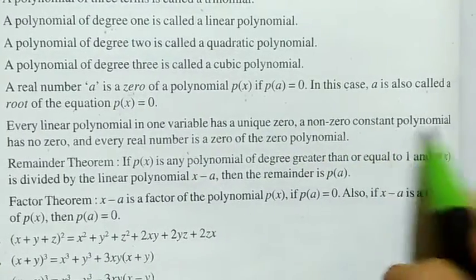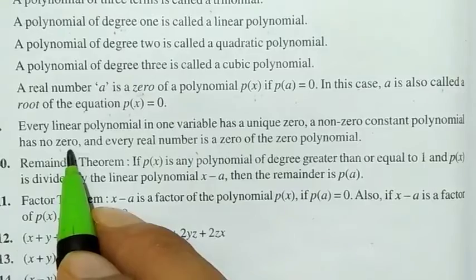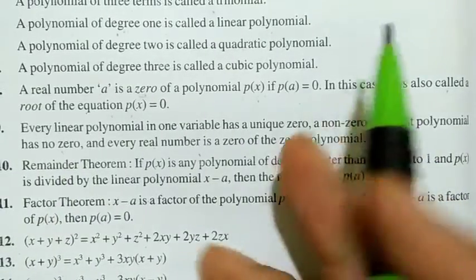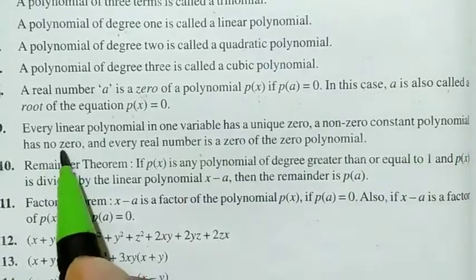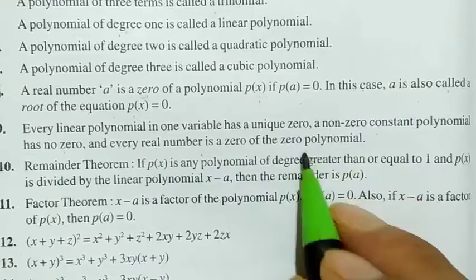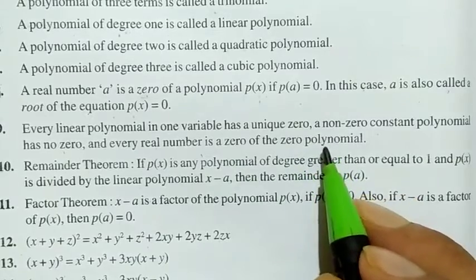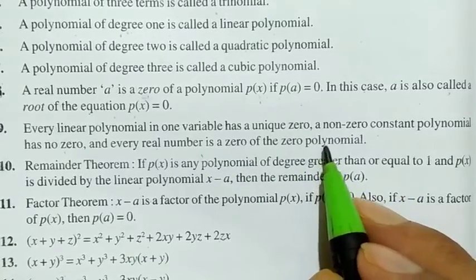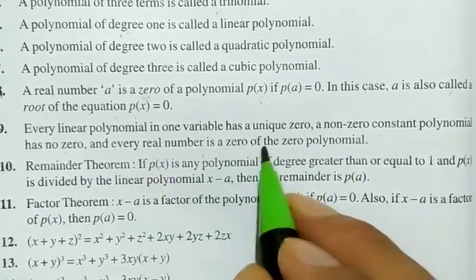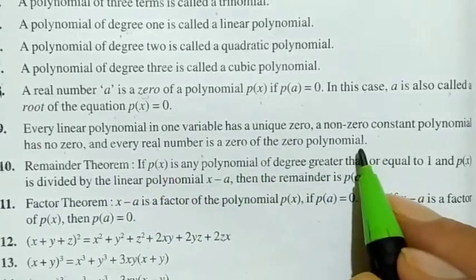And a non-zero constant polynomial has no zero. A non-zero constant polynomial like 5 cannot be 0, so it has no zero. And every real number is a zero of the zero polynomial. What is the zero polynomial? Only 0 is given, that is also a polynomial, and that is called the zero polynomial. So every real number is a zero of the zero polynomial.